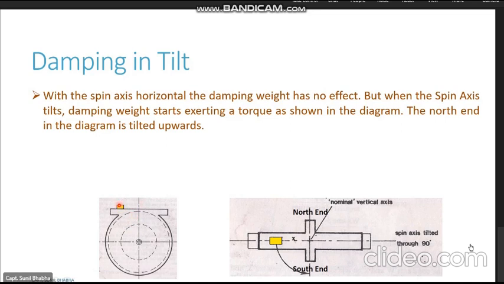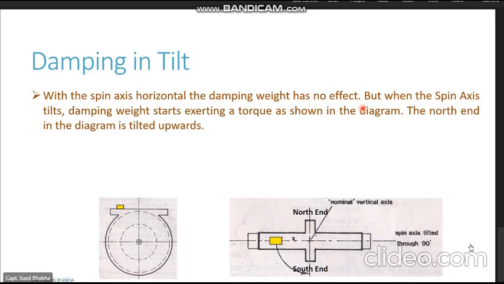It is offset to the west, so it will try to move the western part of the casing downwards, but that's not possible because the casing is fixed and not free to spin. So with the spin axis horizontal, that means the first diagram on the left hand side, the damping weight has no effect at all.